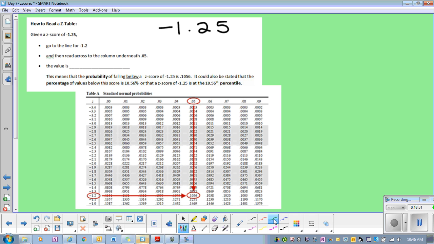So you see these first 2 numbers, guys? Those are the numbers that are going to be on the left side here. If you look at your table, you have a negative number side, and if you look at the back, you have a positive number side. You see that? So this one is a negative 1, so you're going to be on the negative side, okay? So we're going to go to negative 1.2 on the left here.